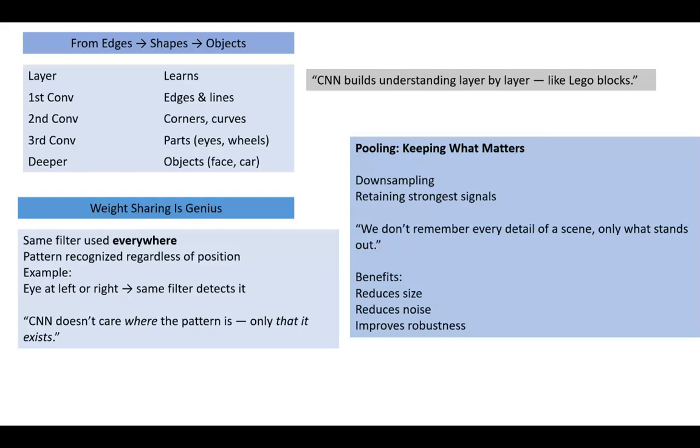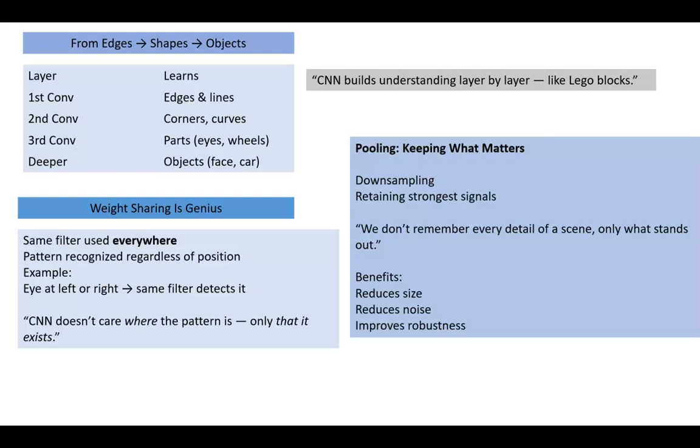The next important terminology that you want to know is the pooling mechanism. Pooling is simply keeping what matters. Pooling results in downsampling and retaining the strongest signals. We don't remember all the details of the scene. We remember only what stands out in our mind, right?